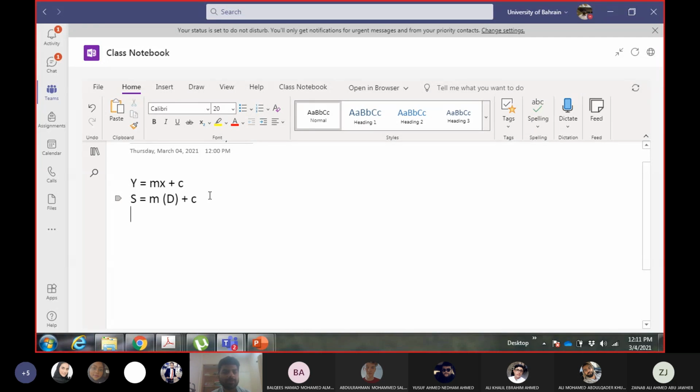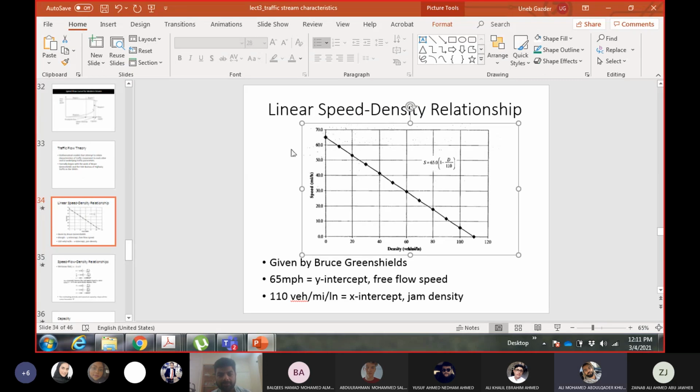Now when you said y equals mx plus c, what is c? Constant. Which value from the graph? The y-intercept. So how much is the y-intercept here?